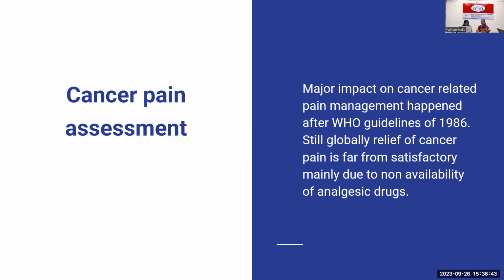Still, that has not been achieved. The number achieved is only in single digits internationally, not only in India alone. The drugs are available now, but the drug not reaching the point where it is needed is something the whole world is struggling with.